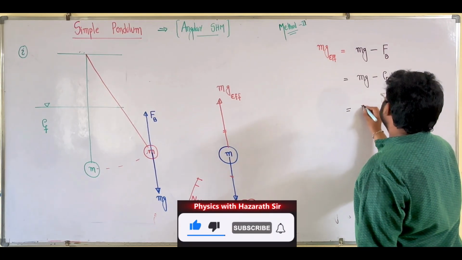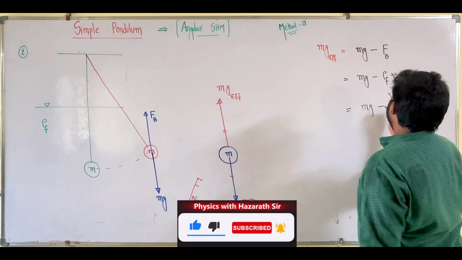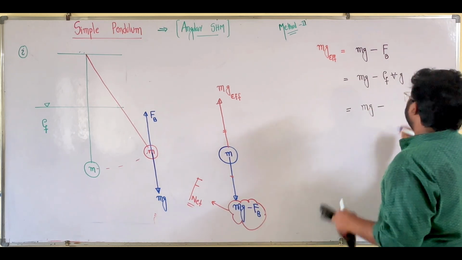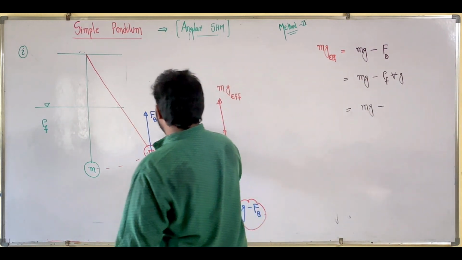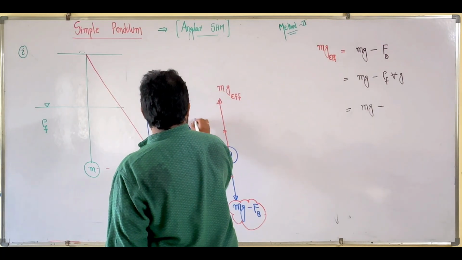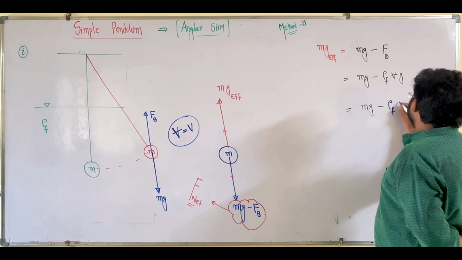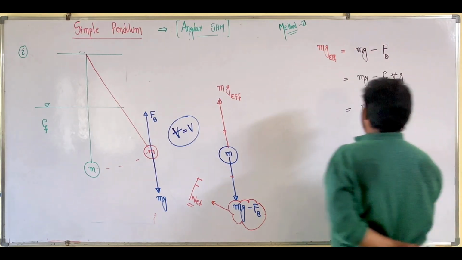For a completely submerged body, the volume of the fluid displaced is the volume of the body, so density of the fluid into volume of the body into g.